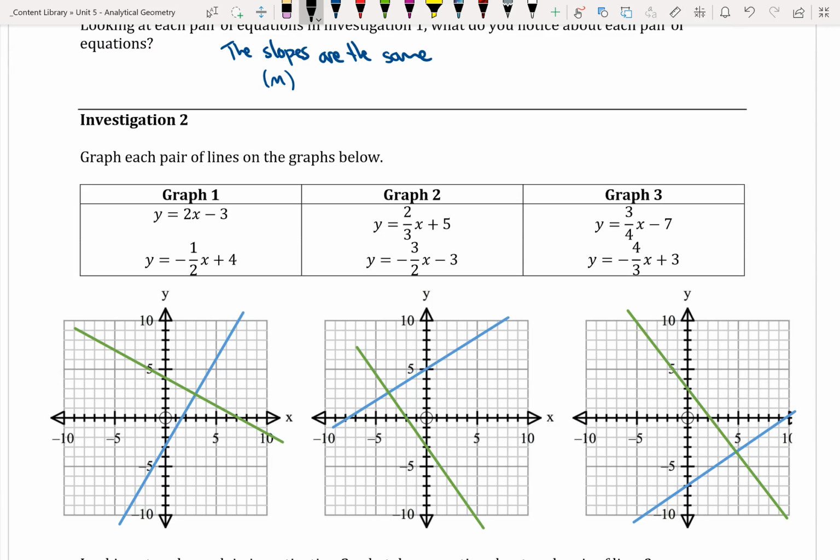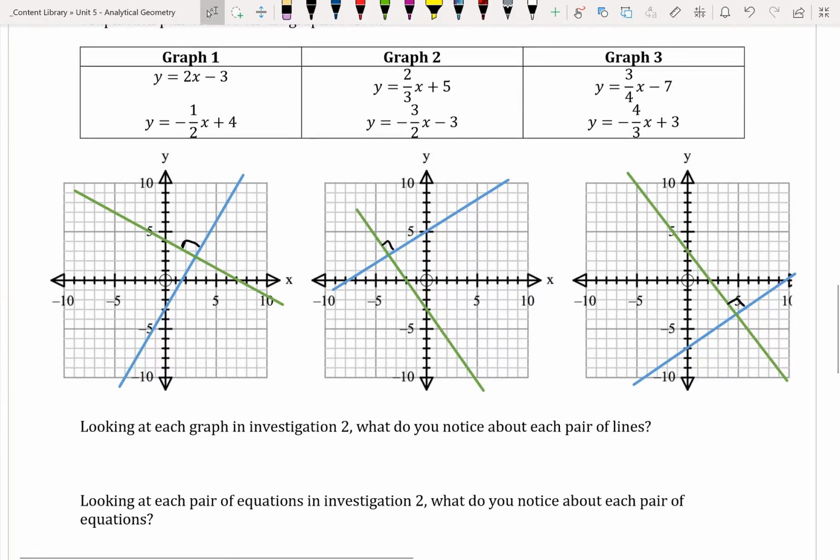But they cross at a nice 90-degree angle, as we talked about earlier. Because they intersect at a 90-degree angle, they are perpendicular. We can see it from the graph.